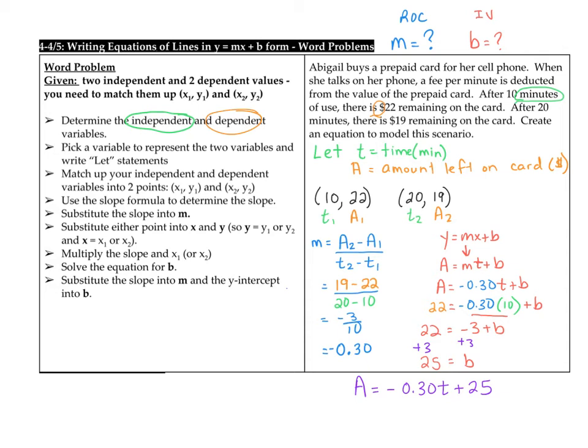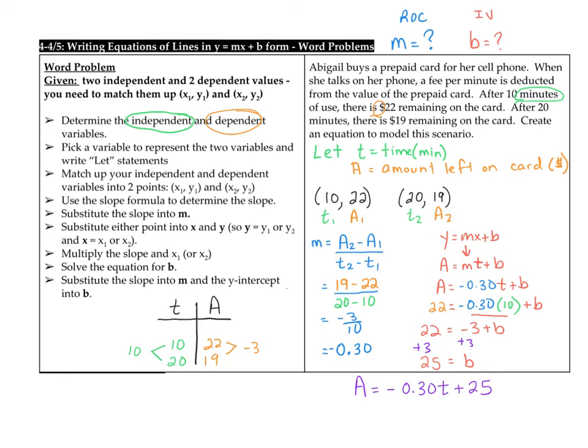Now, just as a little sidebar, there's one thing that you could do in this example. It does not work in all examples, but in this example, if we have time and we have the amount on the card, if you know that your points, you've got 10 and 20 for the t's, and 22 and 19 for the A's, you see the first difference in the t's is 10, and the first difference in the A's is negative 3.